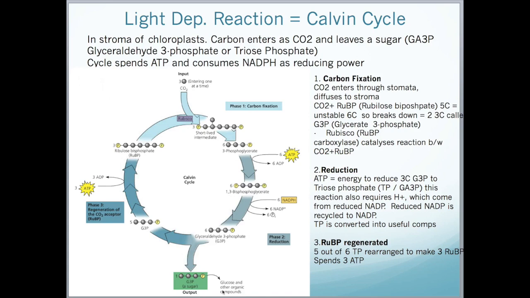The final stage is when ribulose bisphosphate is regenerated. So 5 out of every 6 molecules of triose phosphate that are produced in the cycle aren't used to make hexose sugars, but are used to regenerate RuBP. So the regeneration uses the rest of the ATP which is produced in the light-dependent reaction.